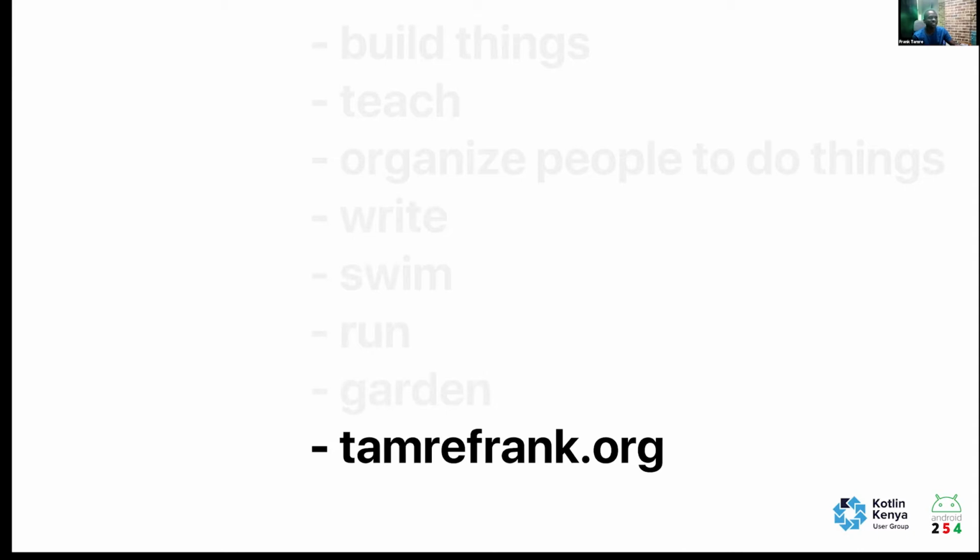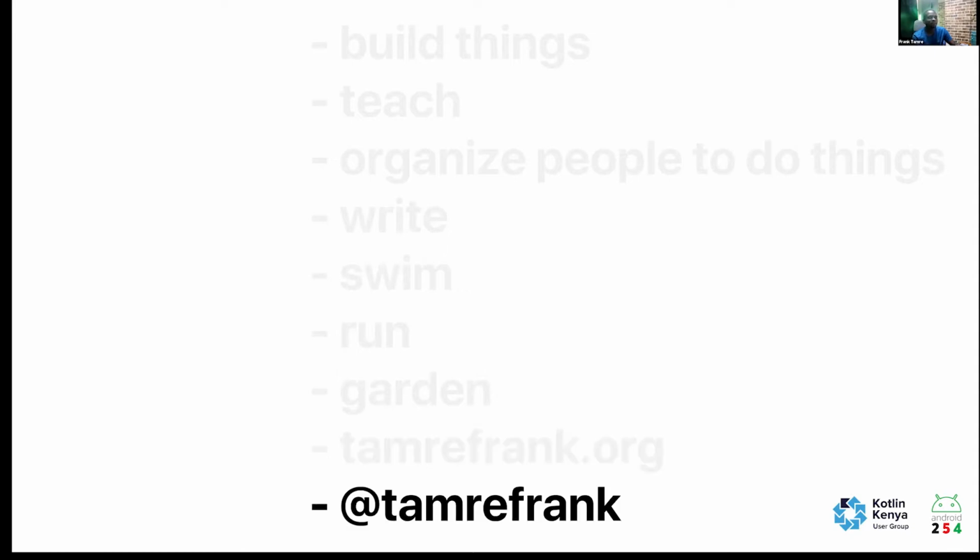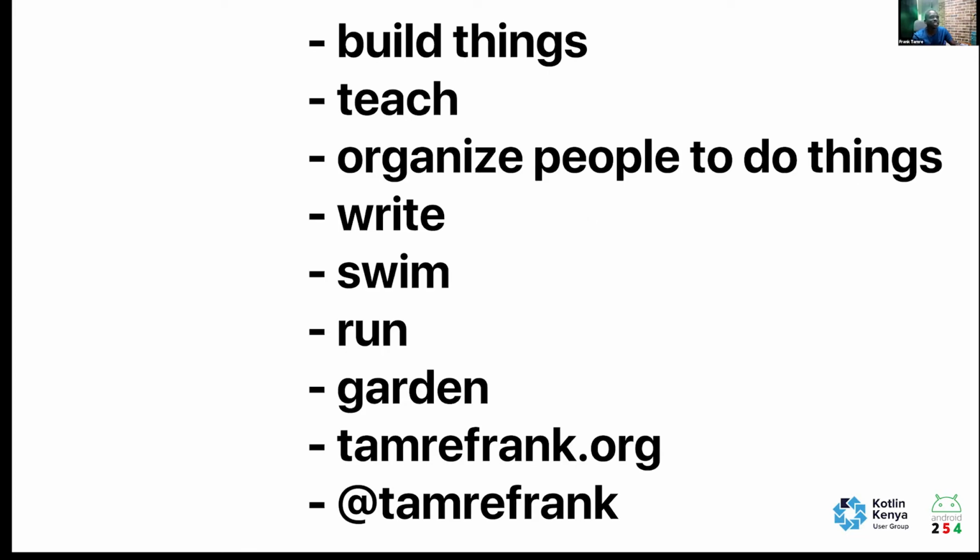It doesn't have many things at the moment, but it has a way for you to get in touch with me, and I am responsive. I'm also on Twitter, but I'll tell you the truth, I am not active on Twitter. I go there rarely, and it's easier to get me on GitHub, and I'll share all that information later. So that's who I am, and these are the many things I try and do.